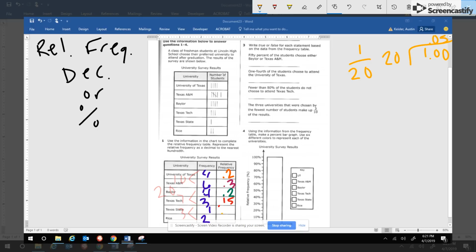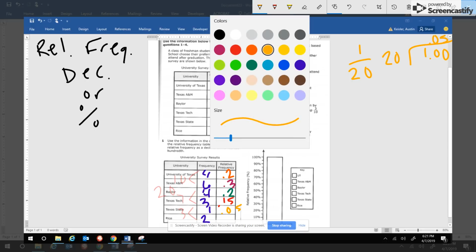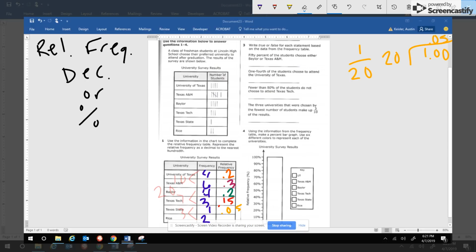So Texas State was just 5 hundredths, which is obviously the smallest one so far. And then Rice, which is our last one, is 2 twentieths. This one's a little bit easier because if you look at it, you can also tell that 2 twentieths is the same thing as 1 tenth. So our decimal for Rice is just 0.1 or 1 tenth.